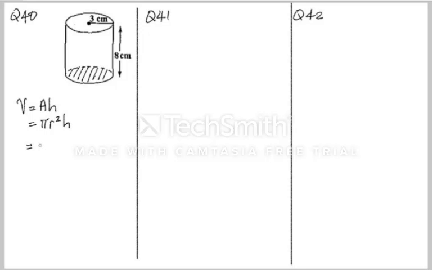Remember, you shouldn't put in a value for pi, so just write pi times the radius, which is 3, times 3, that's radius square, times the height, which is 8. So 3 times 3 is 9. 9 times 8 is 72. The answer is 72 pi. So the answer is C.